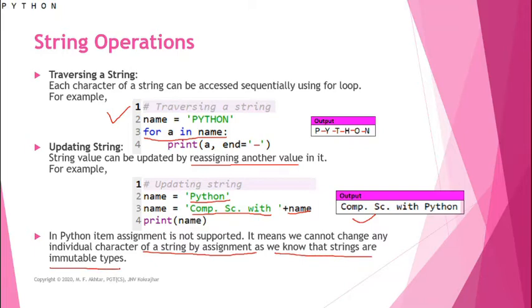We have learned in the data types chapter that there are two types of data types, immutable and mutable. In immutable types, we cannot change any individual character in place, and in mutable data types we can do the same thing. Lists and dictionaries are mutable data types, and the rest of the others, for example string, tuple and others, are all immutable data types.